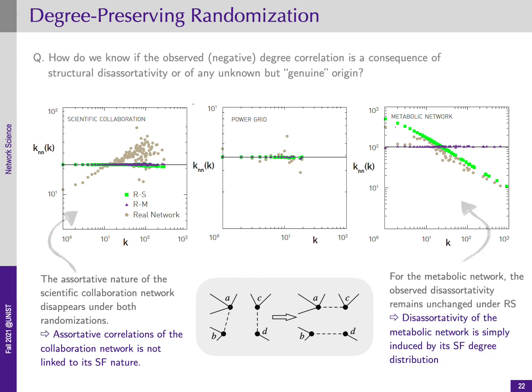So by randomizing the empirical network, you can tell whether this apparent assortativity or disassortativity is actually coming from a genuine origin or is simply reflecting the structural constraint that is required by the power law degree distribution. All right?